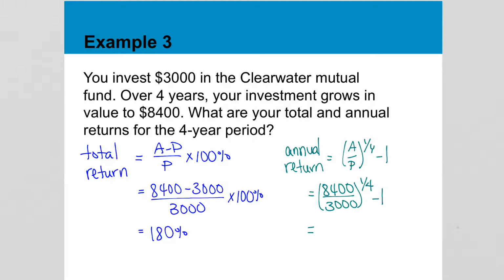So divide first, raise to the 1/4 power, or 0.25, either way, and then subtract 1. Multiply by 100%. I'm going to go ahead and write it up here. And you get 29.4%. So the amount you made each year was 29.4% on the previous year. The total was 180%.